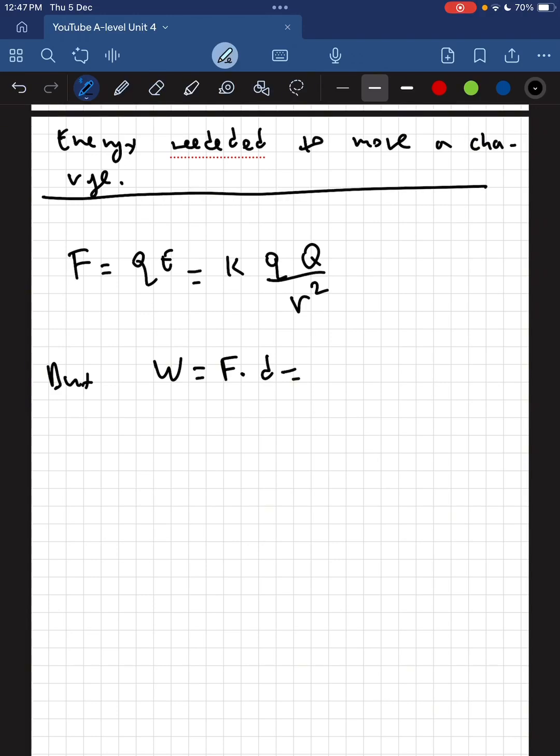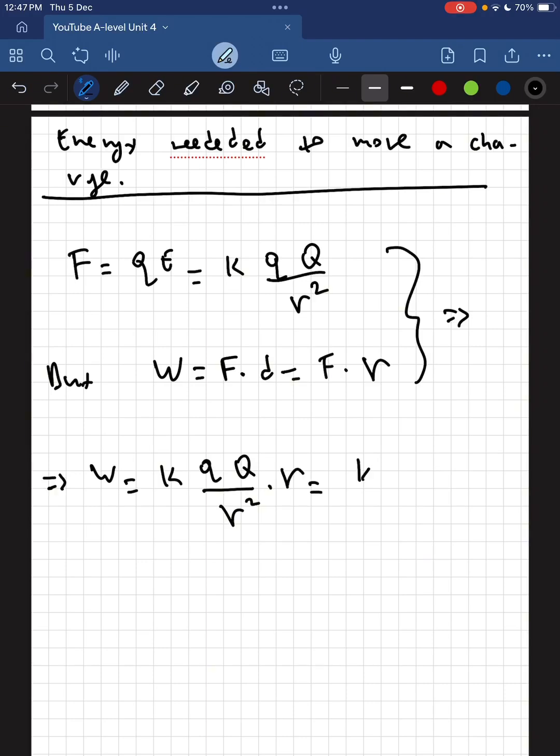And if for a moment we pretend that that distance is equivalent to R from a charge, then we find that the work needed to move around a charge is equal to k Q Q over R squared times R, so k Q Q over R, okay?